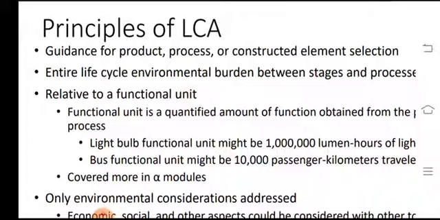Let's talk about our product first. Our product can be a machine, an instrument, an appliance, a building, a road, a dam, a structure, whatsoever it is.